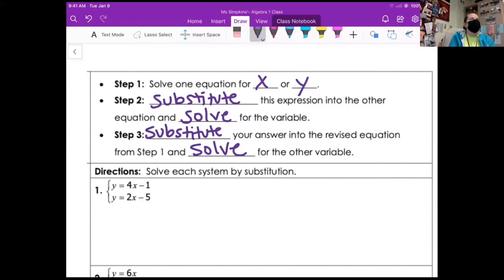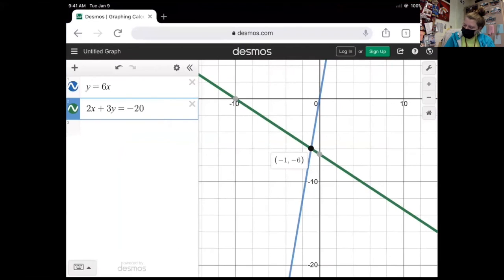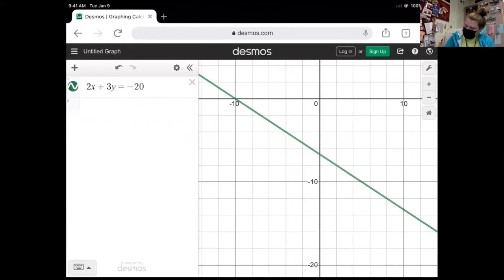Okay, so before we actually use substitution, I want you to go to Desmos, and we're going to graph these two equations on number 1 on Desmos. So the first one is y equals 4x minus 1, I think.